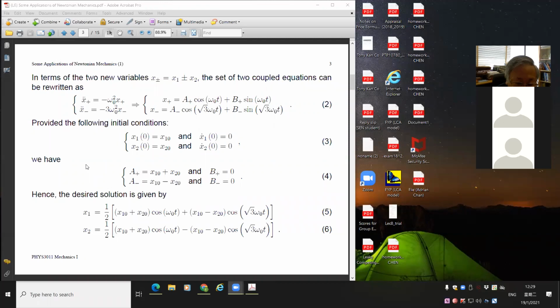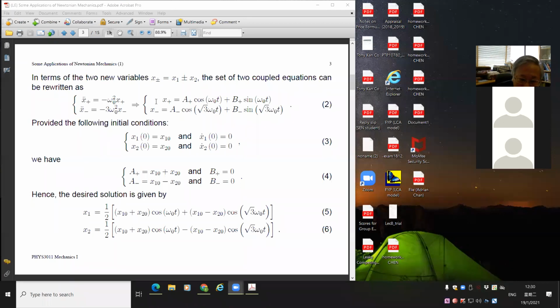have well-known solutions. Why? Because if you take a close look at each of these 2 equations, you realize that they bear a striking resemblance to the equation of motion of a simple harmonic oscillator. So we can write down the solution right away because we have learned about this special equation of motion from high school.